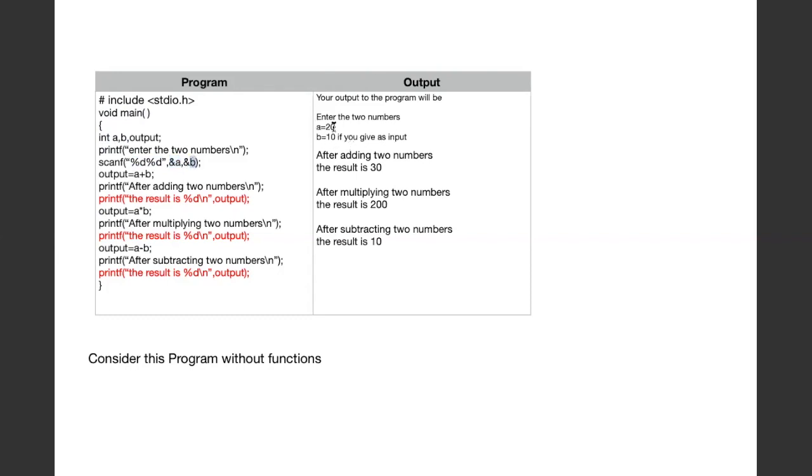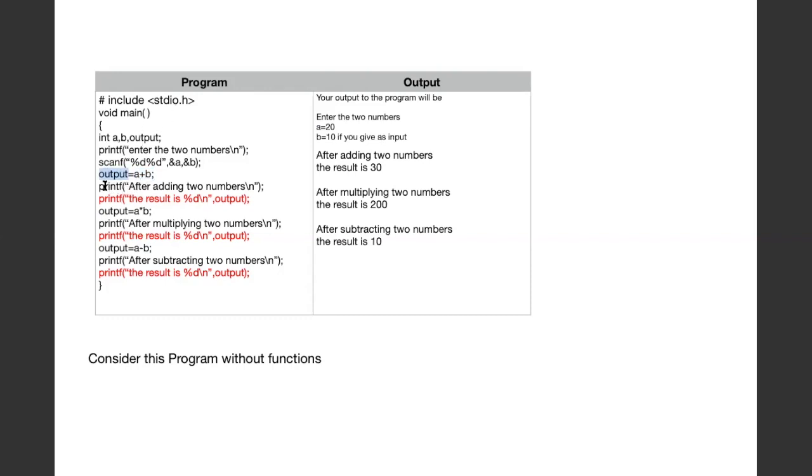Coming back to the output, it first asks, enter two numbers, and suppose you enter a as 20 and b as 10. Then it performs an addition, a plus b, and the result is stored in the output variable.